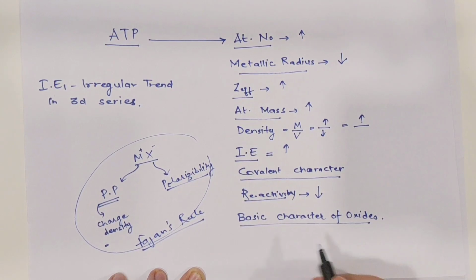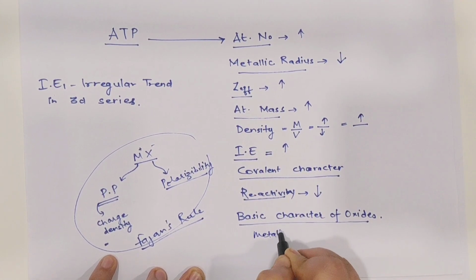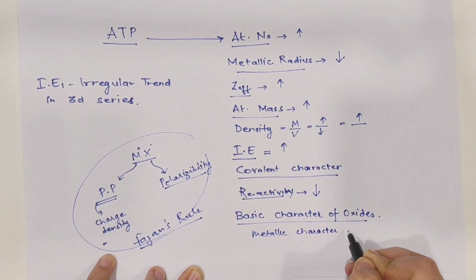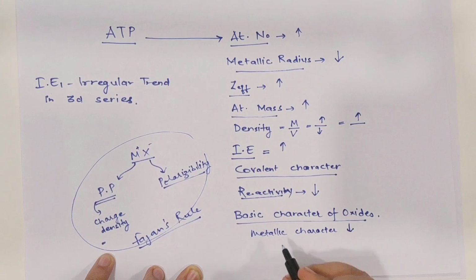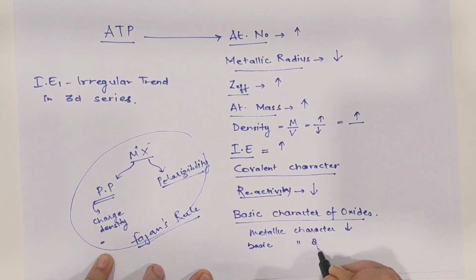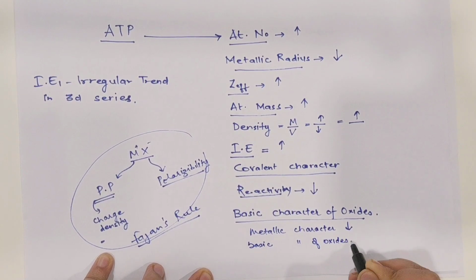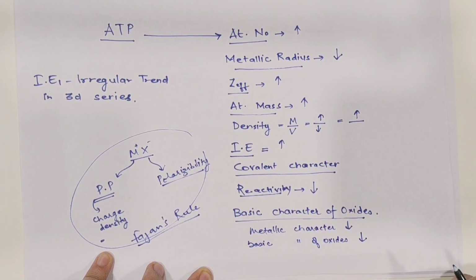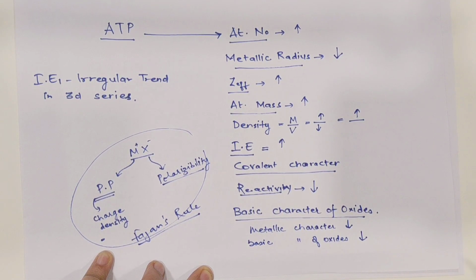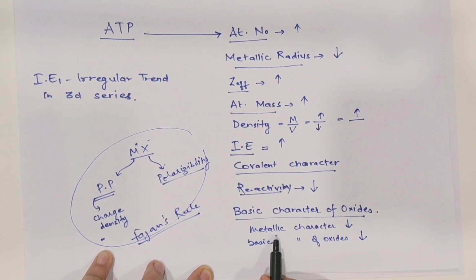If metallic character decreases, that means the basic character of oxide also would decrease, because metals have basic oxides and non-metals have acidic oxide. If its metallic character is decreasing, the basic character of its oxide would also decrease.